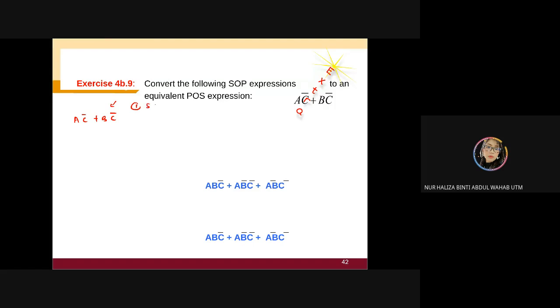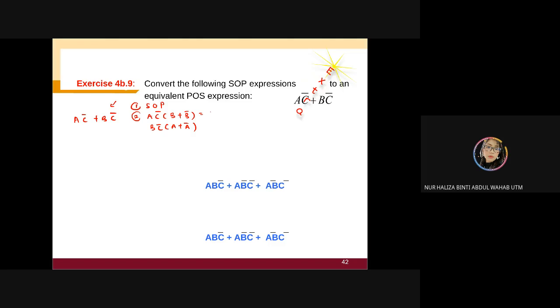First thing, you know this is SOP, but it is not standard yet. So I'm going to make it standard. AC bar, I multiply with B plus B bar. While for my BC bar, I'm going to multiply with A plus A bar.